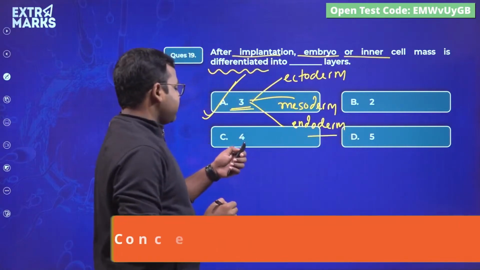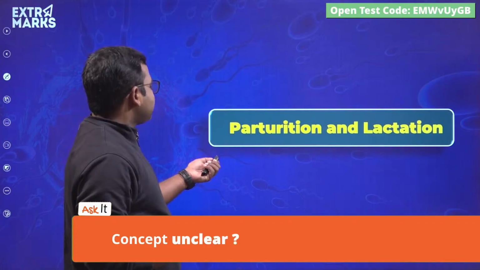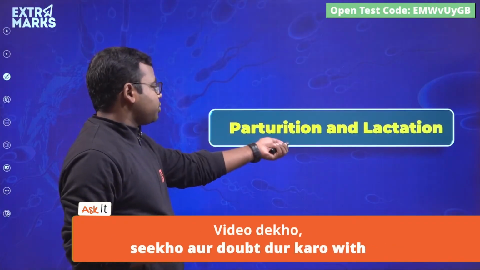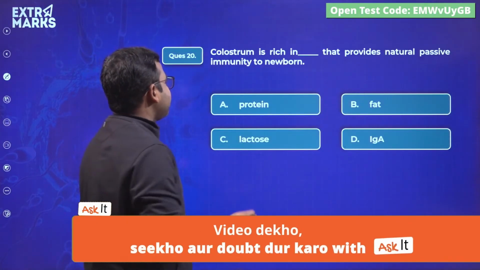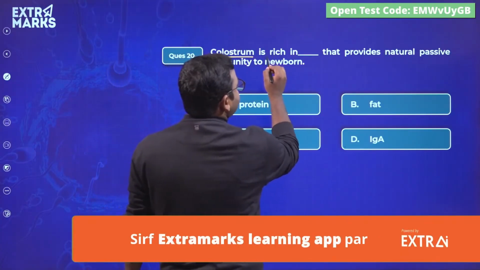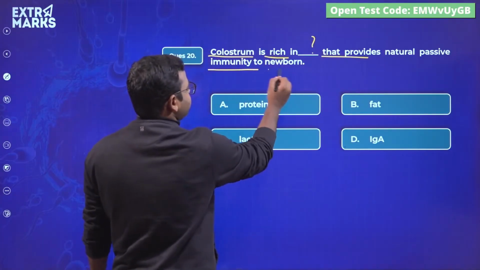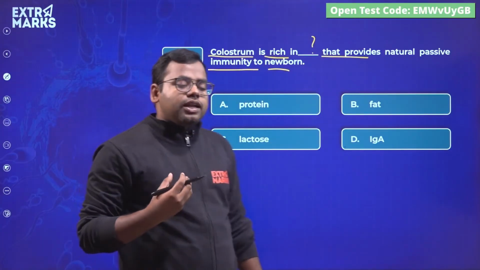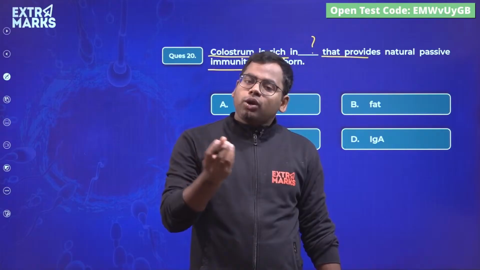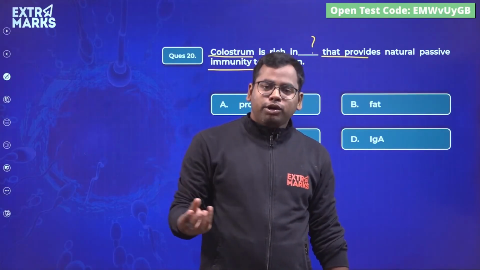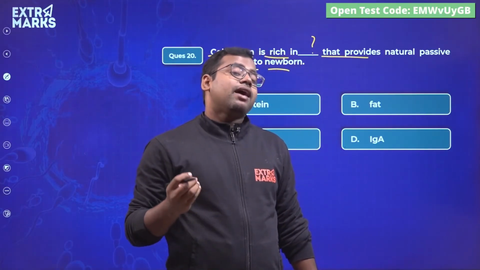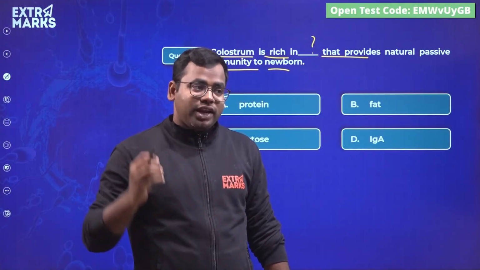Right? Moving ahead with the next question, champions. This is the question from the topic parturition and lactation. The question is, colostrum is rich in dash that provides natural passive immunity to the newborn. See, in the initial days, you will find yellowish colored milk being produced by the mother, which contains an antibody, which is very, very important.